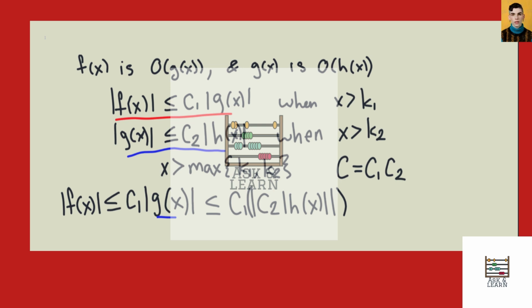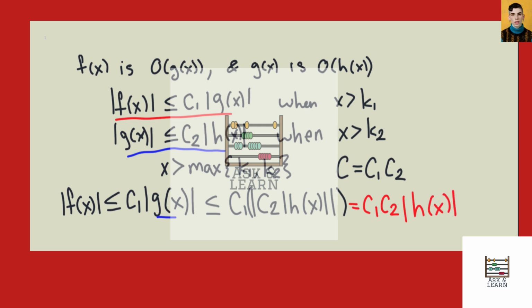Okay, and we can pull out the c1 and c2, right? So this then is going to be equal to c1 times c2 times the absolute value of h of x.